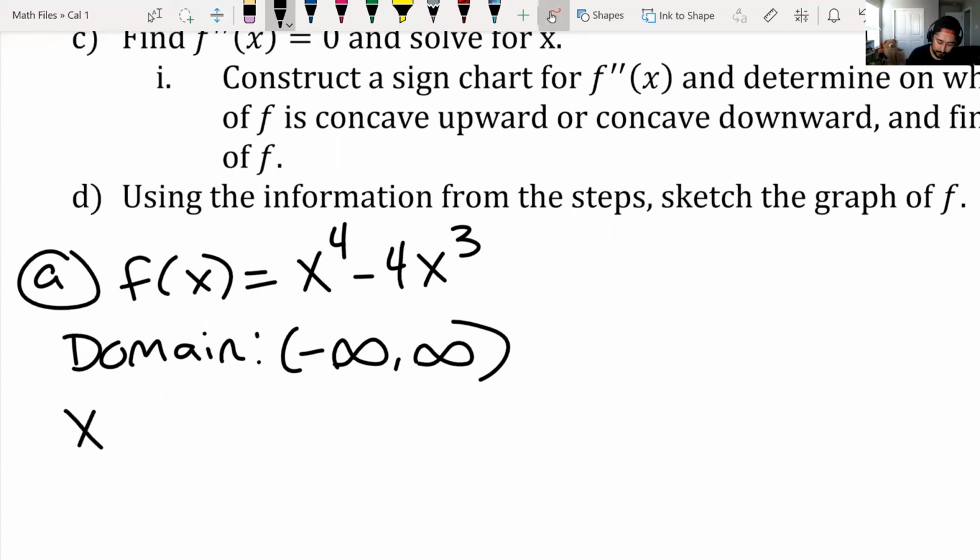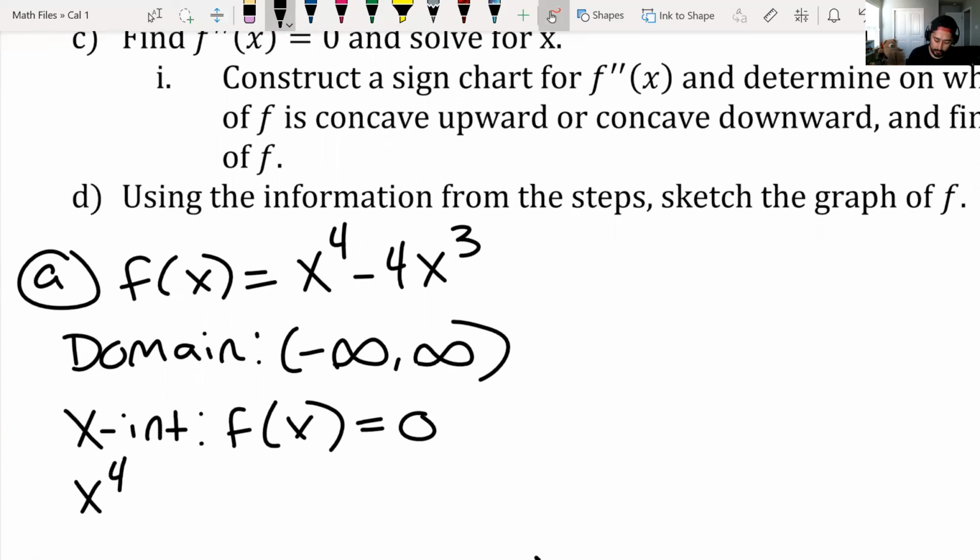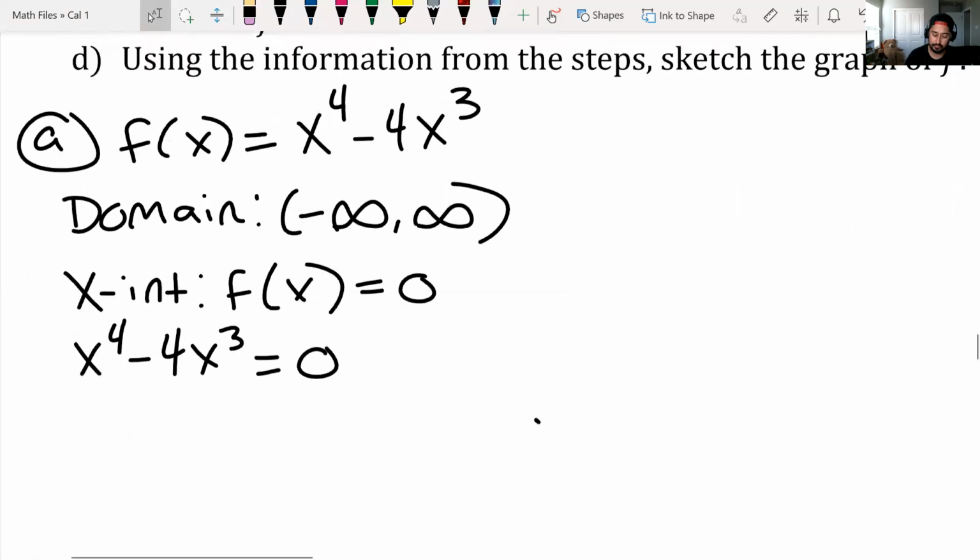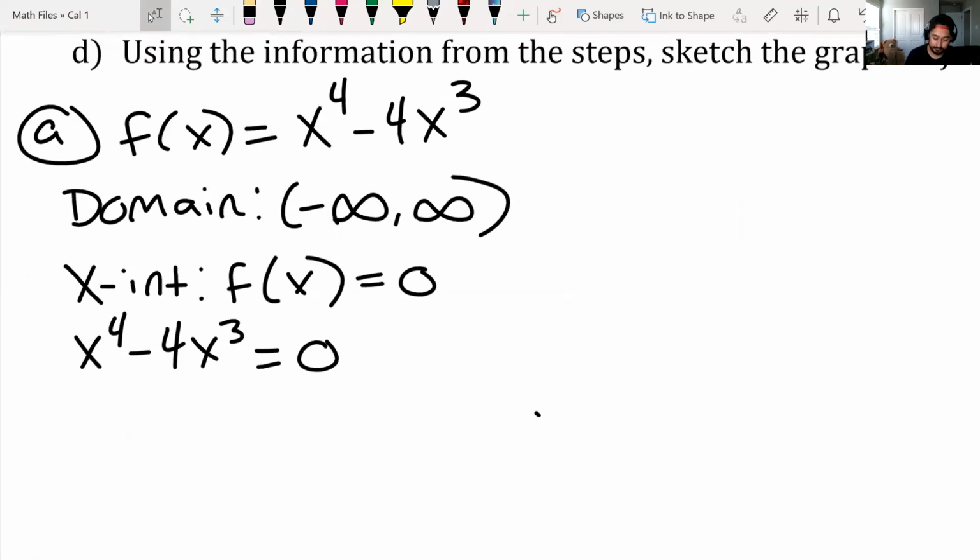We're finding an x-intercept, which means you let y, or f of x, equal 0, which means you take x to the fourth minus 4x cubed, set it equal to 0, and solve for x.